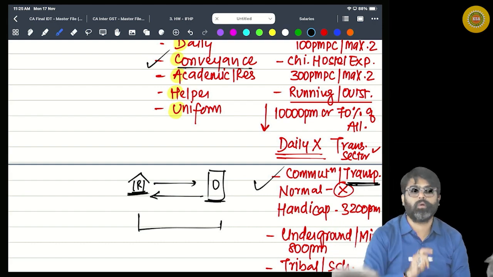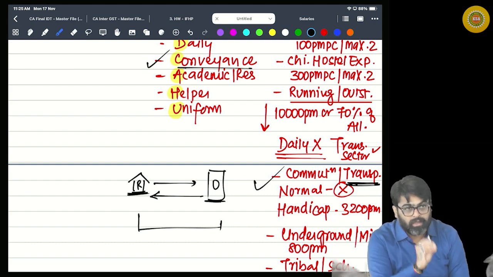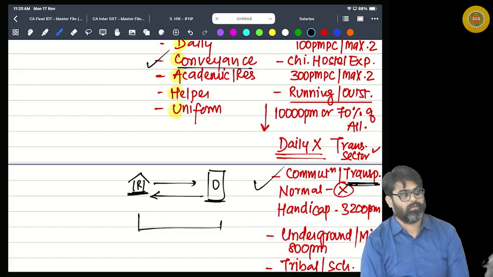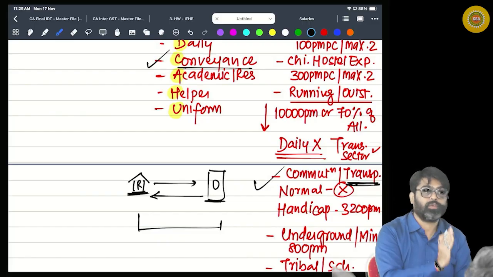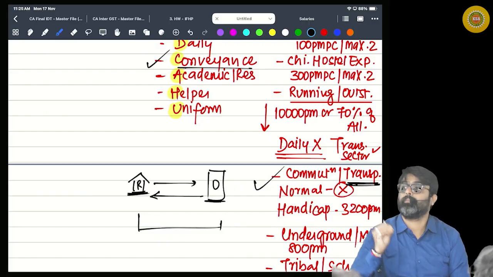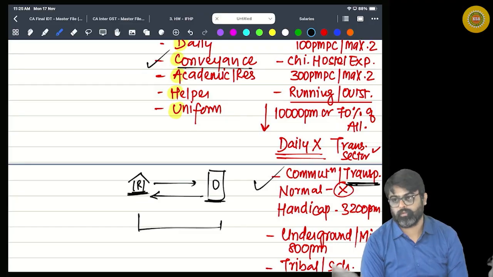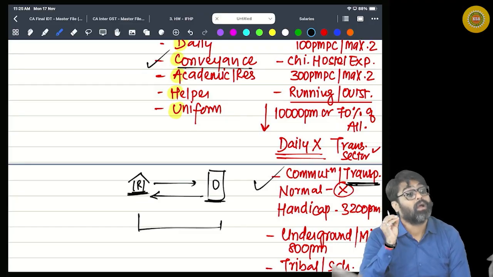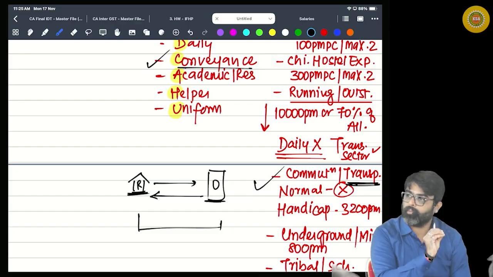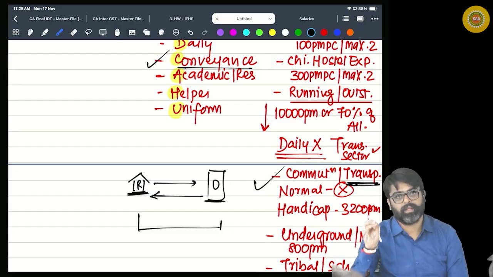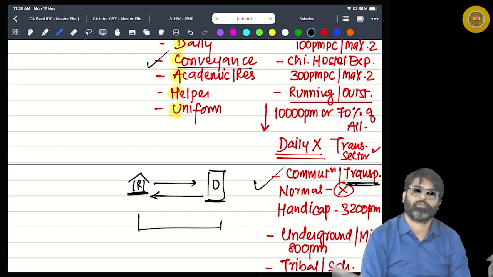To meet this cost, the employer will give you an allowance known as transportation allowance, or sometimes also known as commutation allowance. You are commuting between office to residence and residence to office.